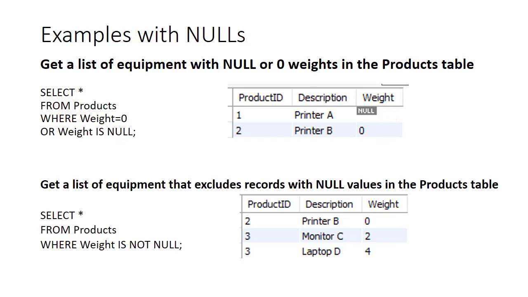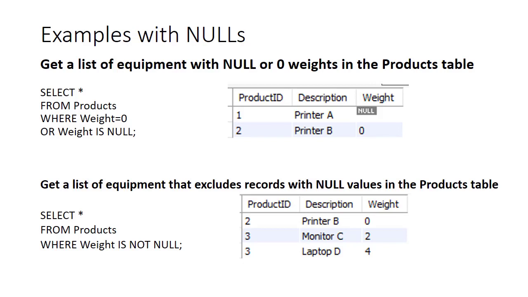If we had picked just null, we would have gotten this one, and if we had picked the weight equals 0, we would have gotten this one. So we might write a statement like this where we want to find all of the rows where we think that there's a problem with the weight, right? We don't think that printer B really weighs 0, and so this would be a way to make sure we were finding all of the anomalies, looking for something where the weight is 0 or the weight is null.